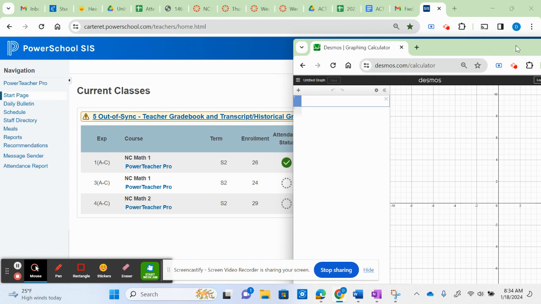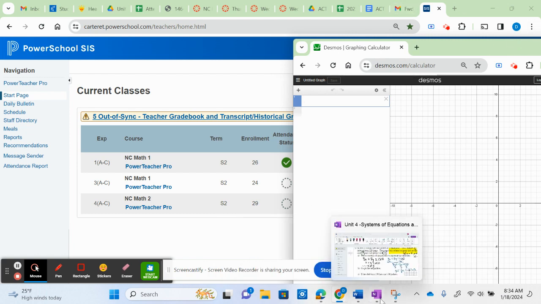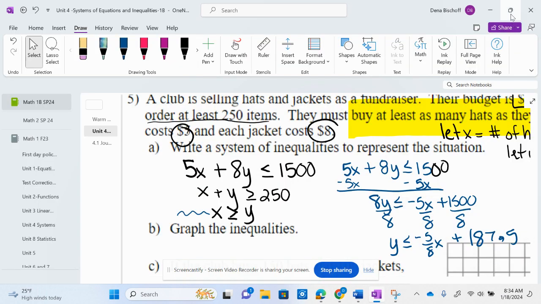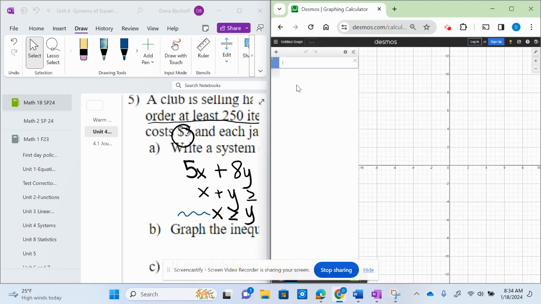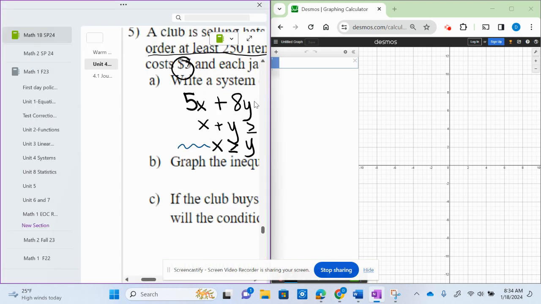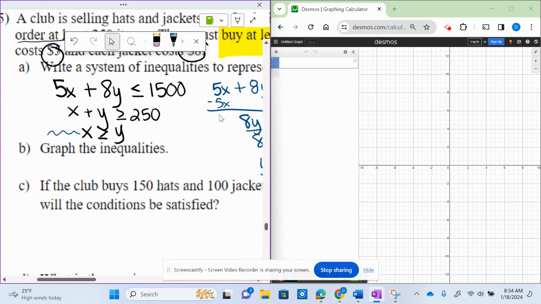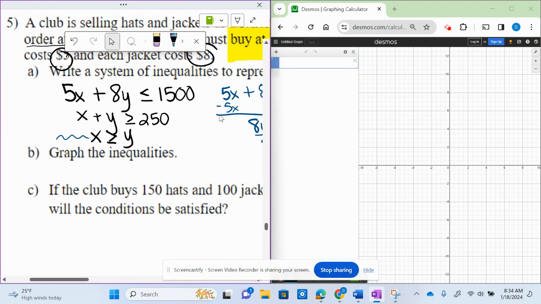I want to show you what that looks like. I'm going to split my screen so we can do both. Okay. So here we are. I'm going to take all three of these inequalities that are written in black, and input them into Desmos just the way that they're written.